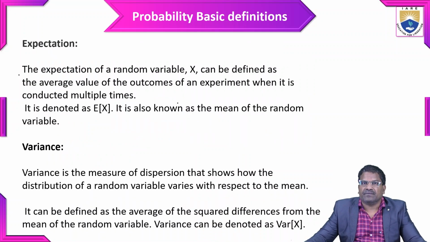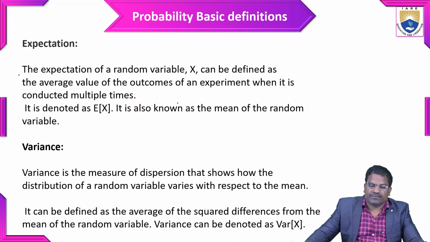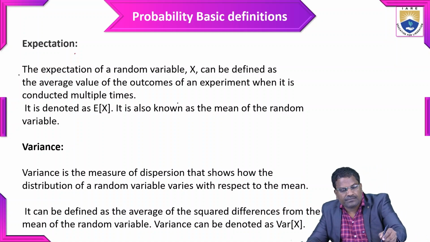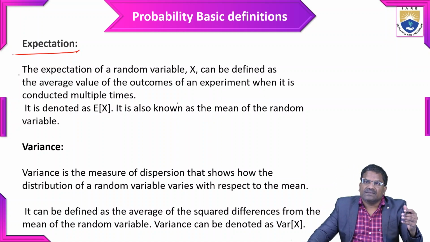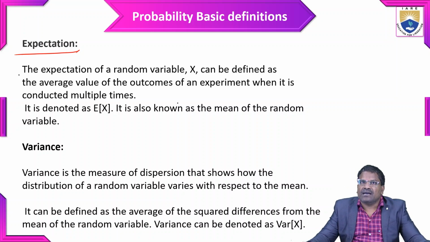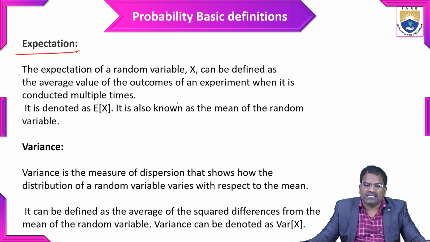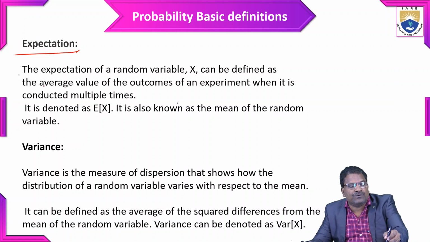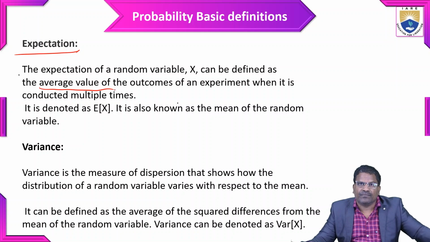Now let us see expectation. Expectation nearly gives the same idea as mean. The expectation of a random variable x can be defined as the average value. That's why I told you mean.